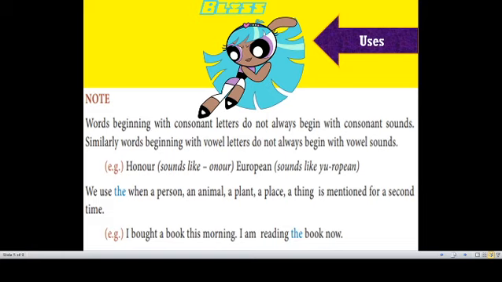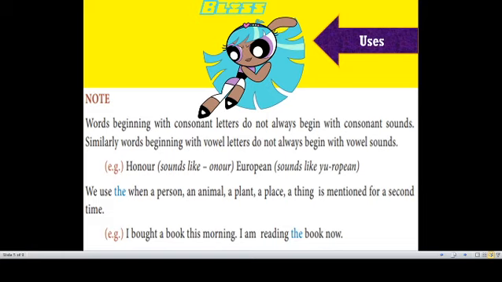Okay, for example, European. European, what is the first letter? E. So E is a vowel letter, but it does not produce vowel sound. Okay, what is the sound of the beginning of the word? YU. We have to pronounce like European. So E is not pronounced.